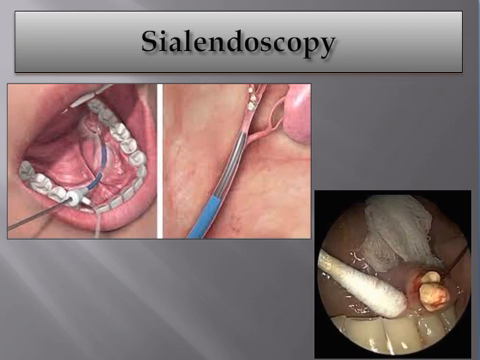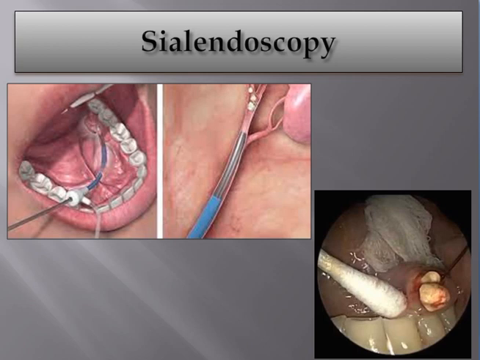Research has shown sialendoscopy to be a safe and effective alternative to conventional open surgical techniques with a more favorable complication profile. Additionally, sialendoscopy is performable in the outpatient setting utilizing local anesthesia.